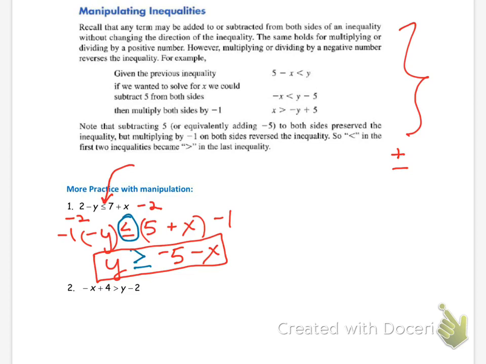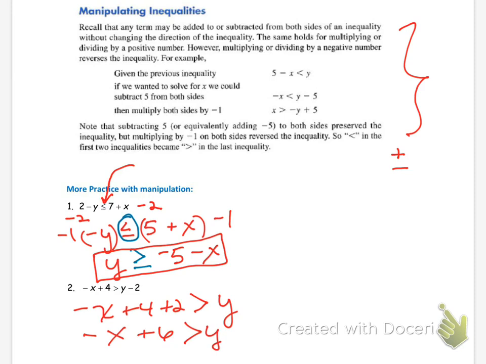So let's do the next one. I believe the same thing is going to happen there. So I want to get my y on one side. So what I'm going to do is add 2 to both sides. So that means I have negative x plus 4 plus 2 is greater than y. So what can I do at this point? Well, I want to not read it like that. I want y to be the leading one. So let's combine like terms first off, and that gives me negative x plus 6 is greater than y.